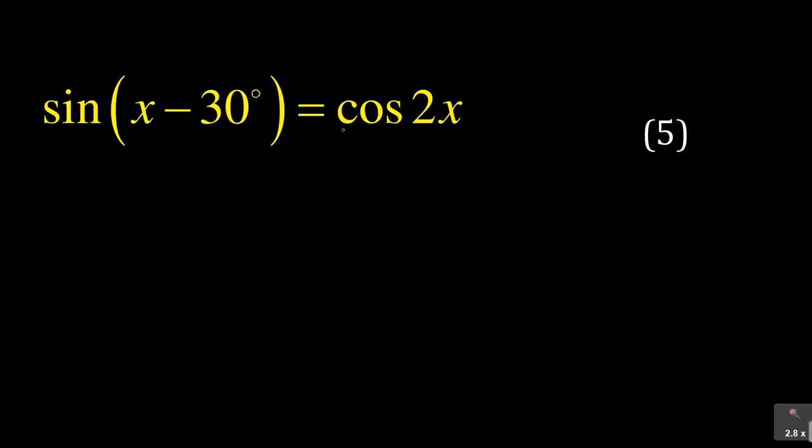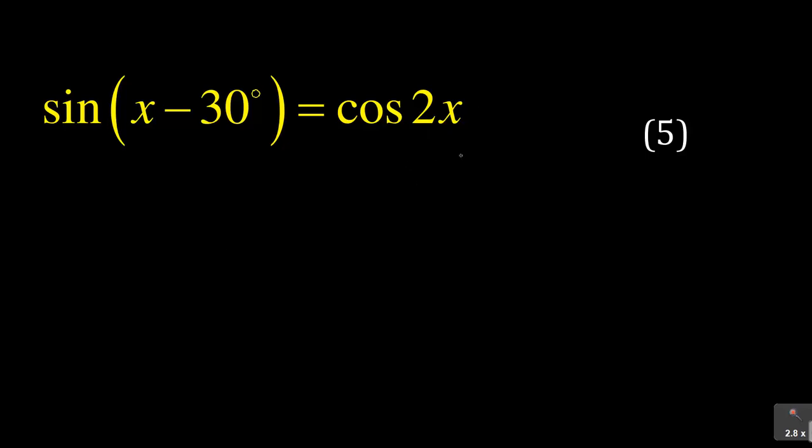Now we have to use the cofunctions. That's the secret whenever you're given different angles. So if you're given different angles, go through the cofunctions so that you can change cos to sine or sine to cos. So let us start by changing cos to sine.